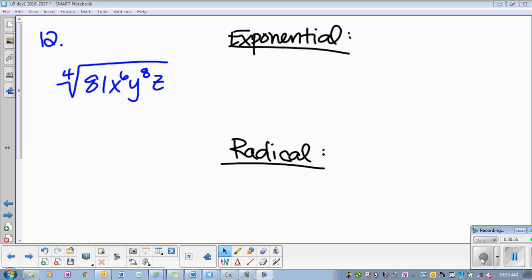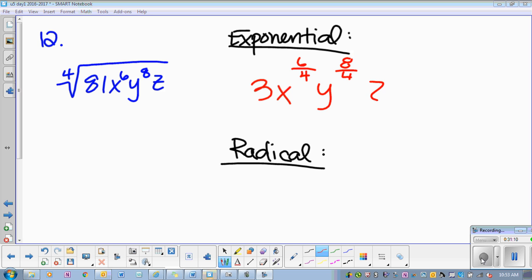All right, so for number 12 on the homework, the exponential should be, that's your first step. You can't leave these fractions because you can simplify them, right?